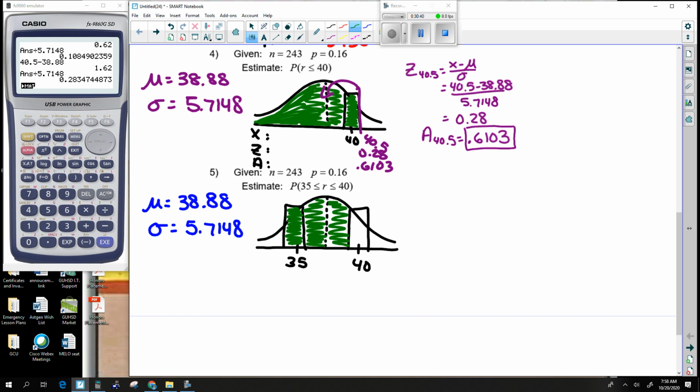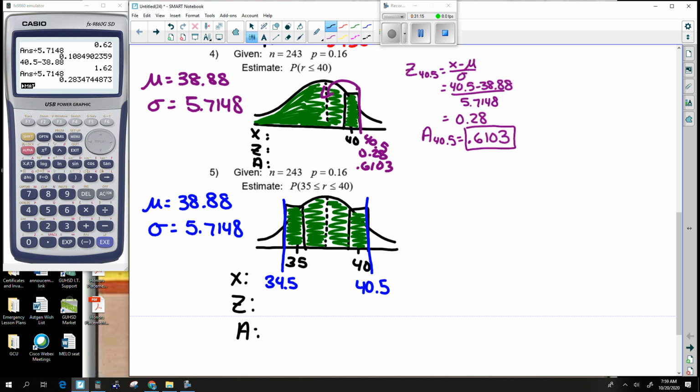And it is also or equal to the 40, so I shade the 40 box. So the edge of what is shaded and not shaded is right there, and right there. Those are the cutoffs. This lower one is a little bit below the 35, so that's at 34.5. The upper one is just a little bit above the 40, so that is 40.5. All right, so those are the X's that we are using.